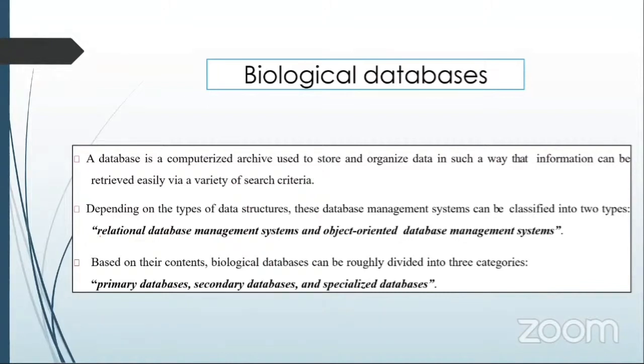The bioinformatics platform has broad applications and many databases. Whatever search you provide, the analysis is given to you on a single platform. Depending on the type of data structure, the database system is classified into two types: the relational database management system and the object oriented database management system.